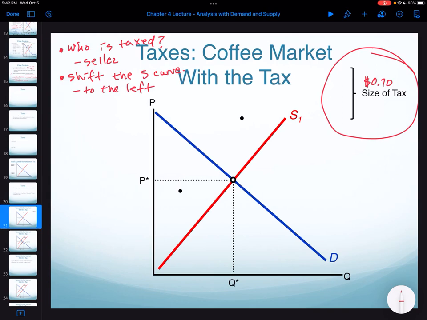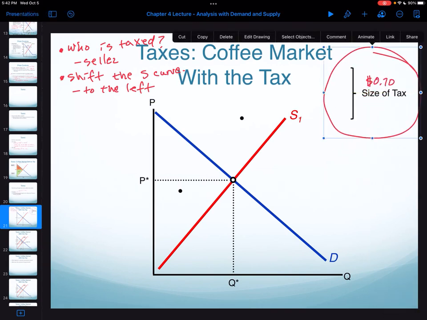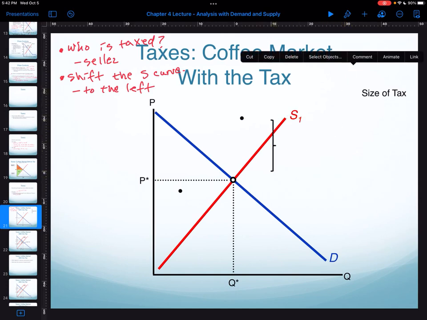Well, that's where our size of the tax over here comes into play, okay? So this is 70 cents. Now I can move this around, let's delete that circle so I can move this around, here we go.